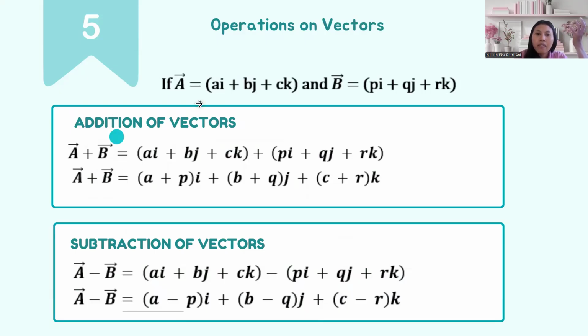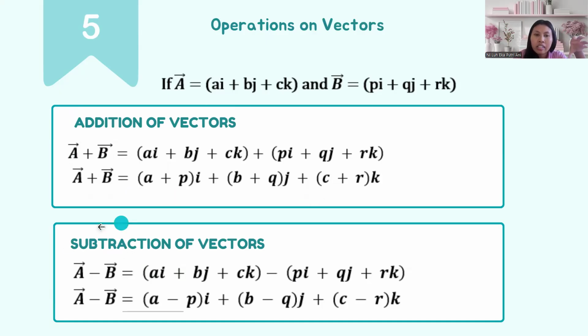If A is ai plus bj plus ck and B is pi plus qj plus rk, we get the vector A plus vector B is equal to (a plus p) i plus (b plus q) j plus (c plus r) k.